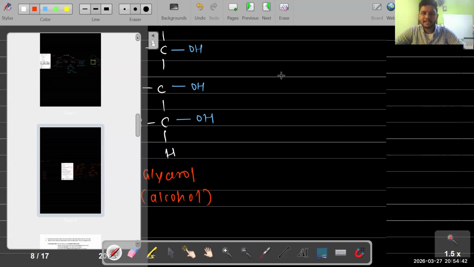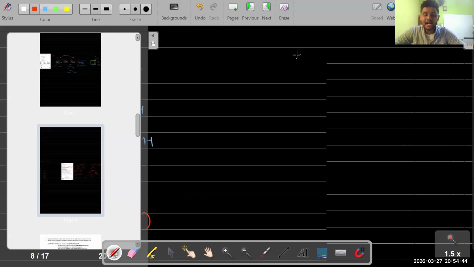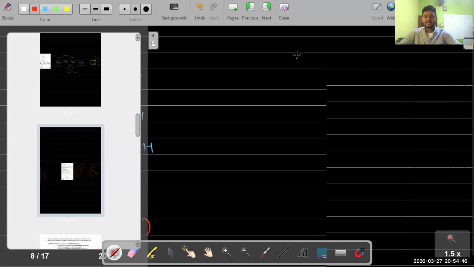But the problem here is fatty acids are long. Long means it has 16 to 18 carbons. So instead of saying it is long, they say it has a long carbon skeleton. It is a long pattern. The pattern of long carbon is called a skeleton. Now it will be looking like this actually.